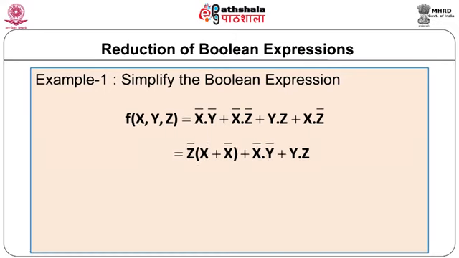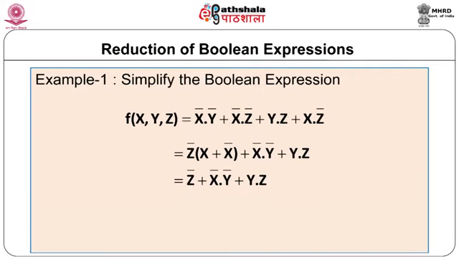So, by taking z bar common, we get z bar ANDed with x OR the complement of x, plus remaining 2 terms as shown here. As x OR its complement results in 1, we get directly only z bar.